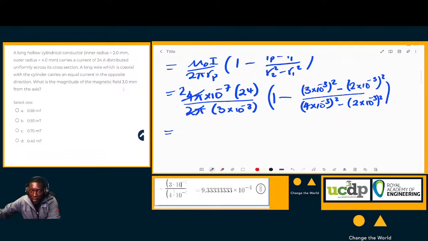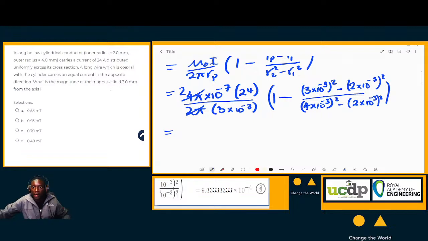Everything multiplied by 1 minus 3, 10 to the minus 3 squared minus 2, 10 to the minus 3 squared, all over 4, 10 to the minus 3 squared minus 2, 10 to the minus 3 all squared.